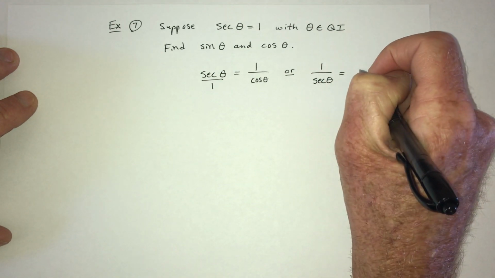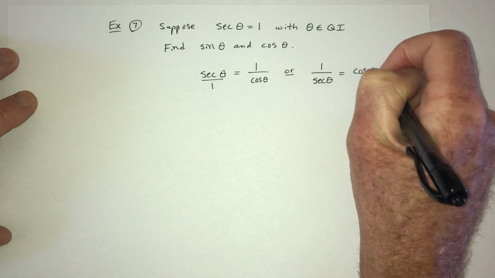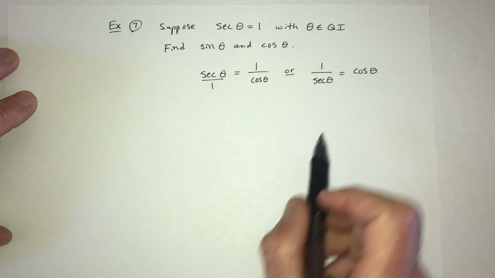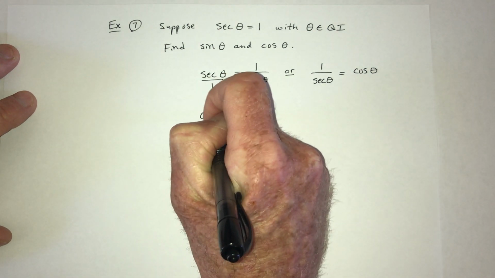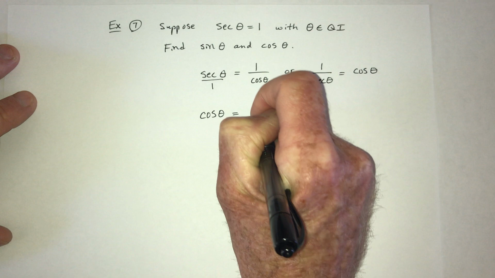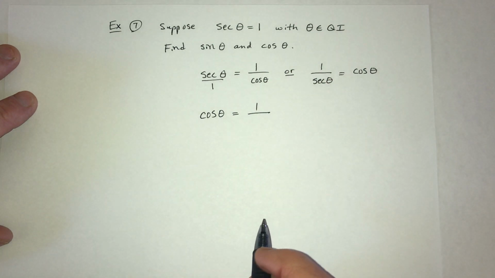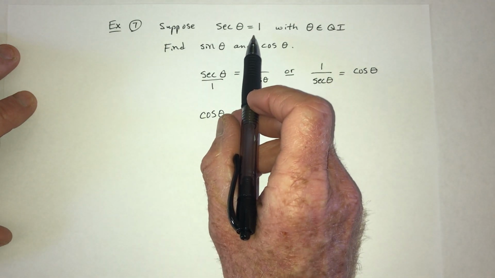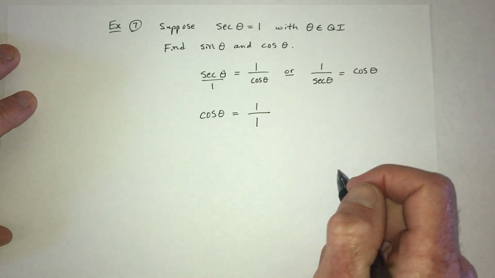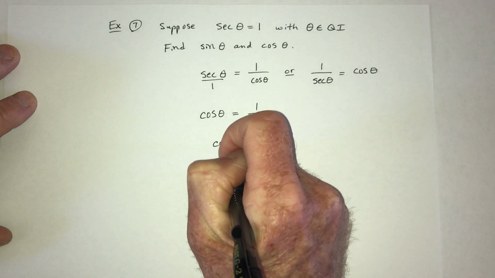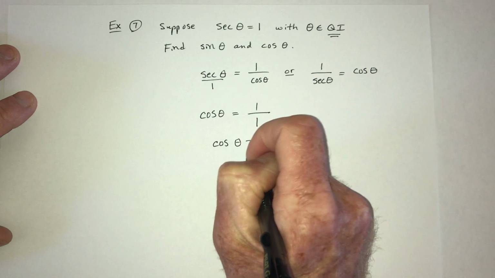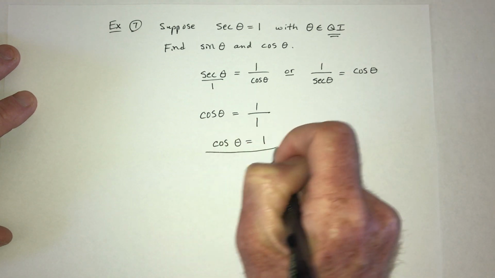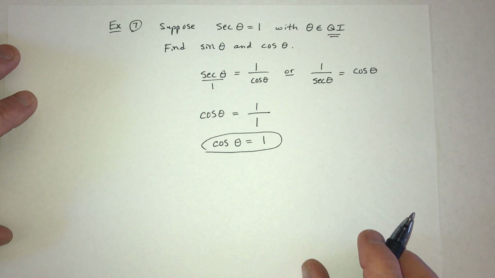And that works as long as you do the reciprocal on the other side, and the right side will become cosine over 1 or just cosine. So that means that cosine of theta is equal to 1 divided by whatever secant is. And in this case, secant is equal to 1. And because the direction said it's in quadrant 1, that means that all the trig functions are positive, so cosine is equal to a positive 1.